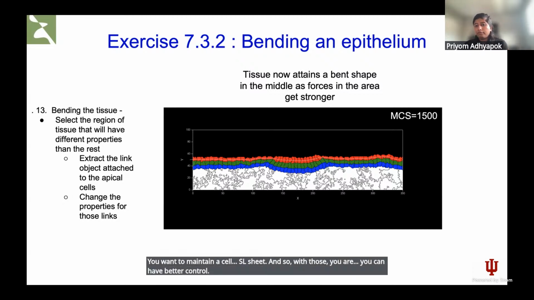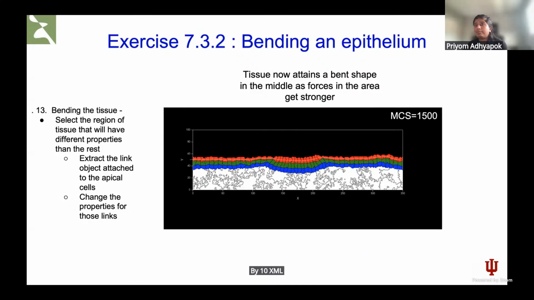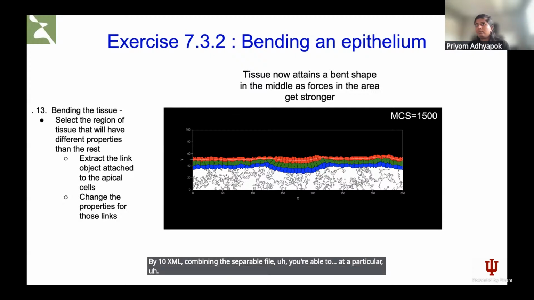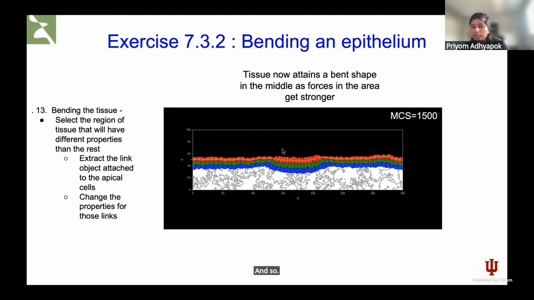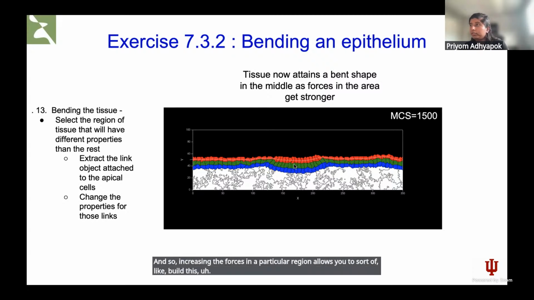But with this feature, combining the Python XML, combining the steppable file, at a particular point in time and spatial regions, you're able to manipulate the focal point plasticity parameters better. And so increasing the forces in a particular region allows you to build this fold in the tissue layer.